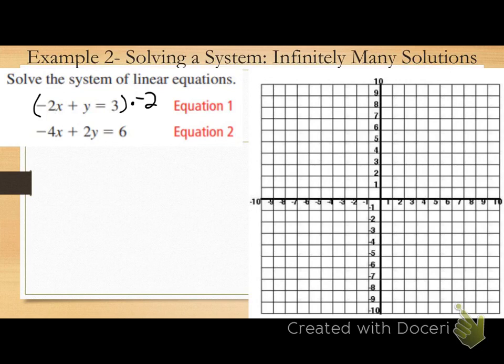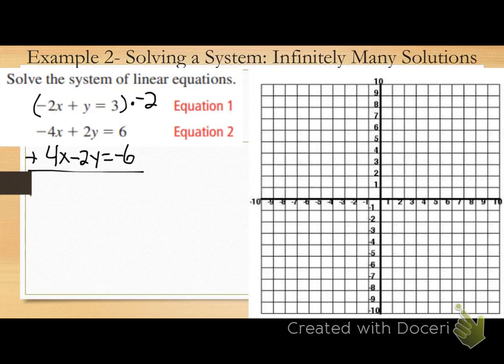Okay, the whole equation gets multiplied by negative 2. Negative 2x times negative 2 gives me positive 4x. 1y times negative 2 gives me negative 2y. 3 times negative 2, negative 6. In front of y, we now have same number, opposite signs, so I can now add my two equations.